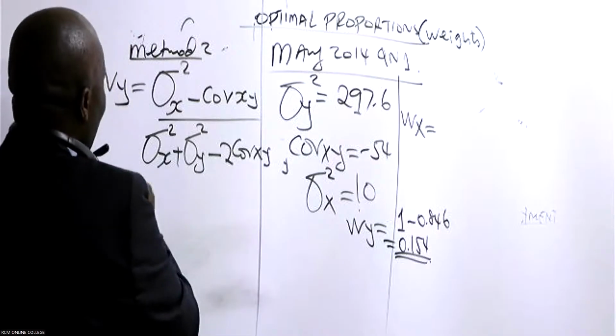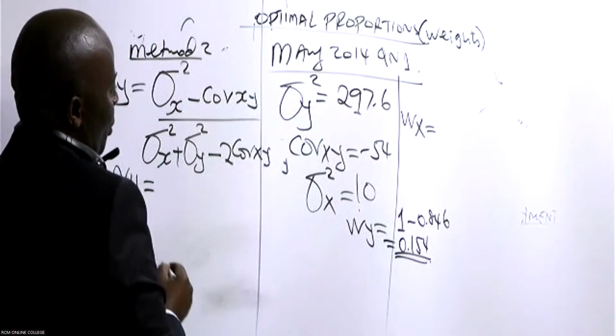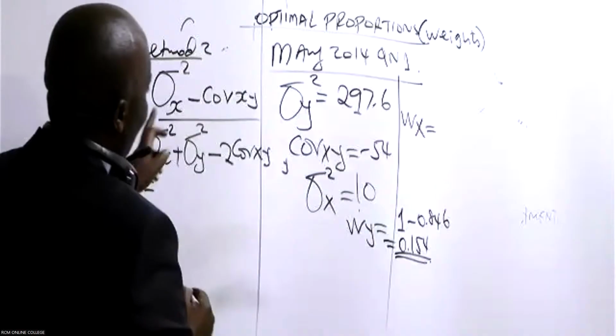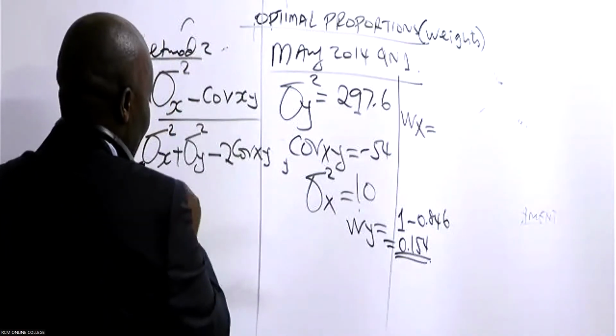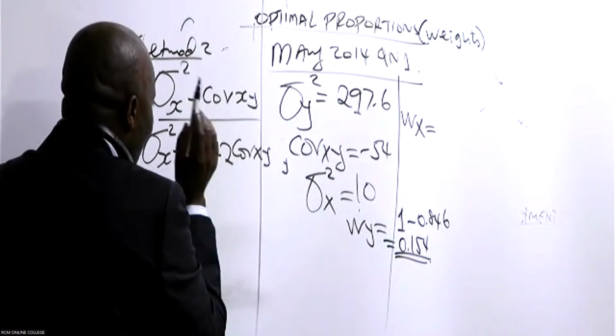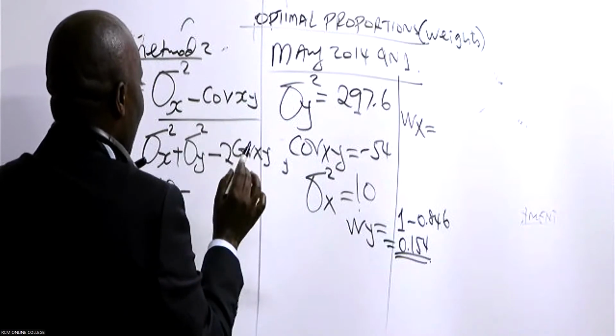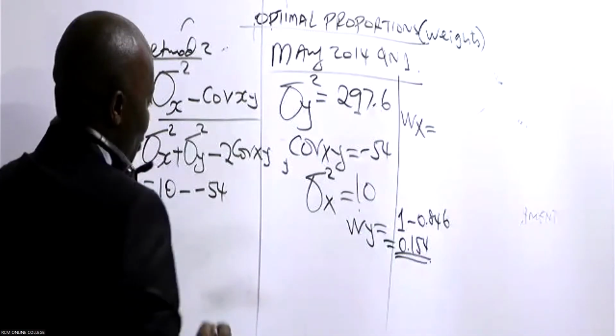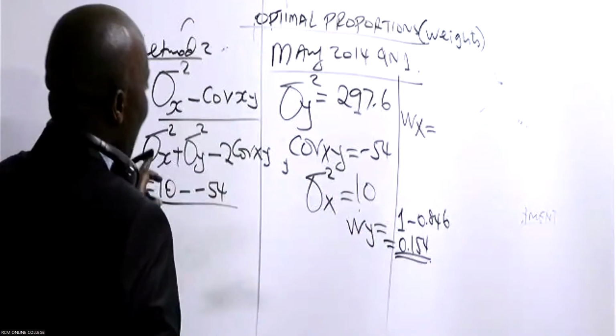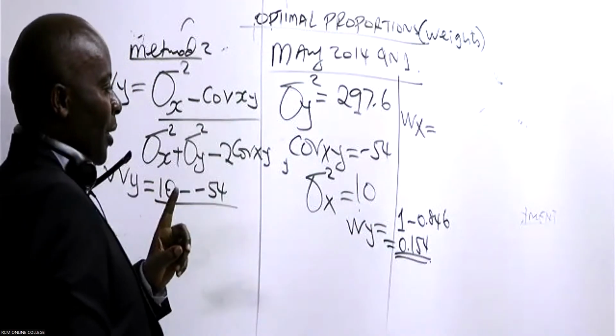So then wy will be equal to variance of x, it is 10, minus covariance of xy, which happens to be negative 54.